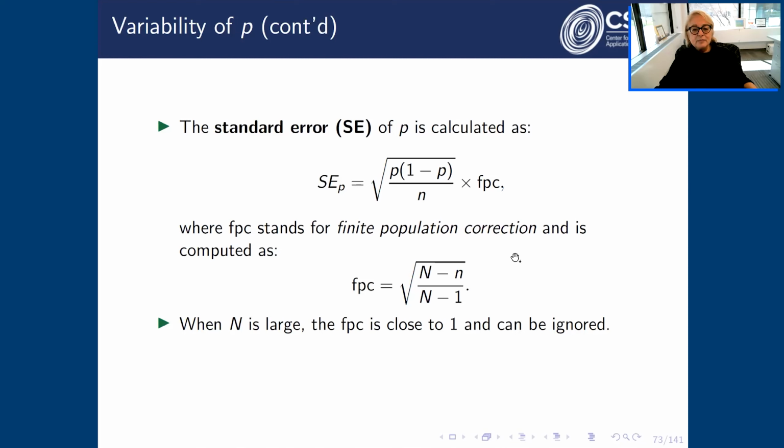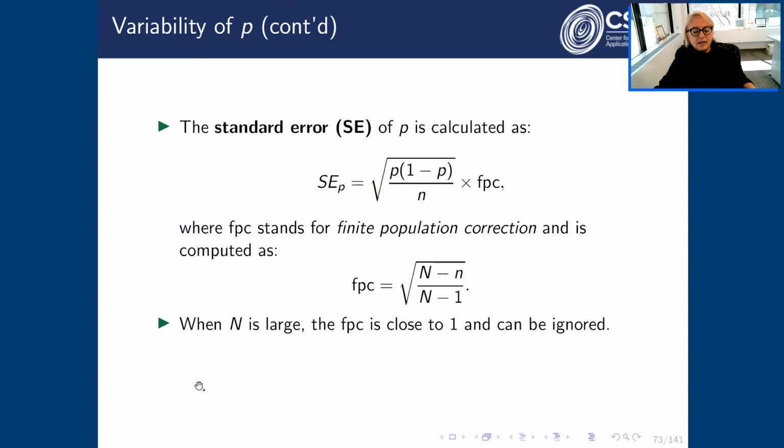This finite population correction factor is computed as a ratio. Sometimes you're going to see it as N, the population size, minus the sample size, divided by the population size minus 1. Sometimes you're going to see it as just divided by the population size. And it's more or less the same.